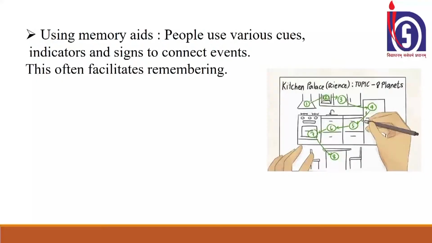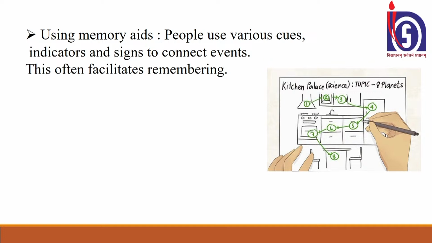Next we have using memory aids. There are different types of memory aids that people use, and there may be various cues, indicators and signs to connect events. This often facilitates remembering. You can use multiple things.